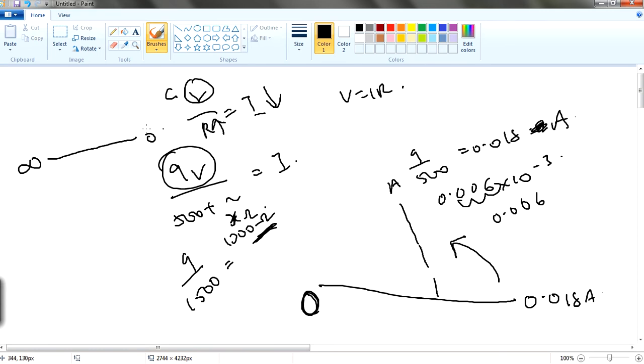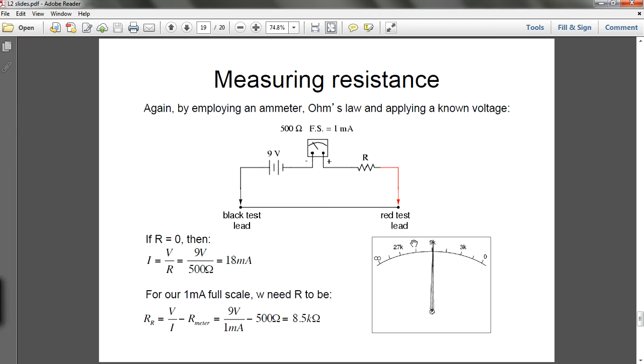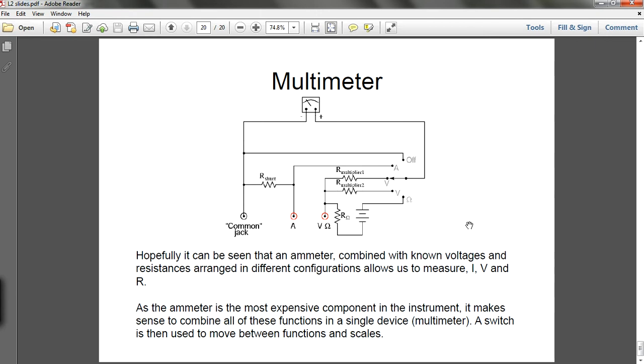If your resistance is low, you have a high current, which is infinity current. And if your resistance increases, your current is going to decrease, so you're going to go in this manner. So this is why the multimeter is being connected in this manner.